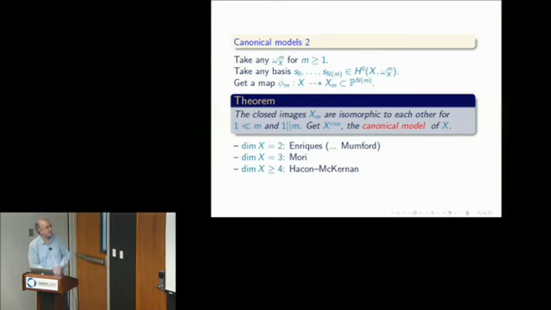And then another nice thing is that if you start with any other variety that is birational to X, you end up with the same canonical model.